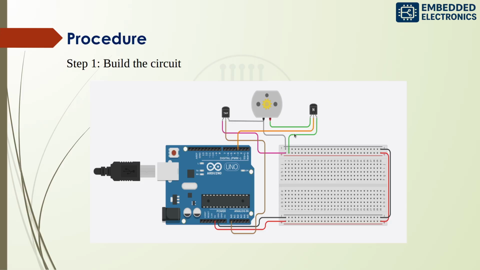So this base pin is connected to pin number 3, so the Arduino tells the transistor to turn on, and this is the collector and this is the emitter, and this is the DC motor. So when the transistor is on, it completes the circuit to ground and the fan spins.